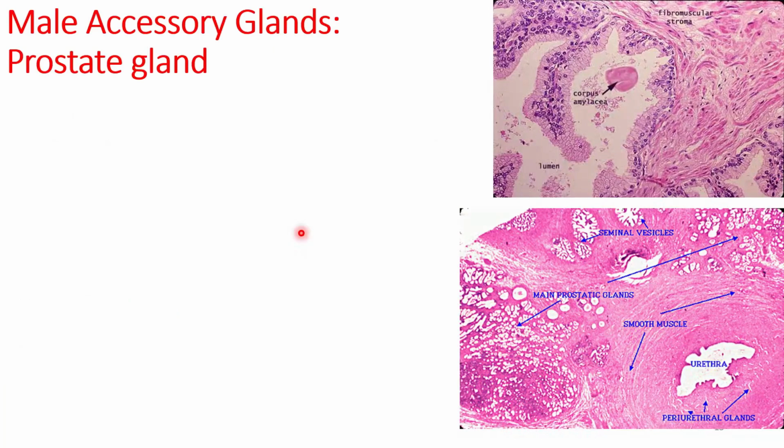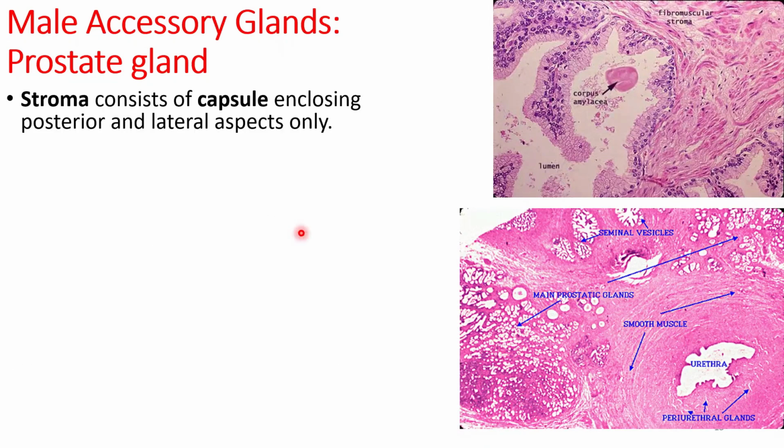Then let's talk about the male accessory glands. There will be 3: the prostate, the seminal glands or seminal vesicles, and then the Cowper's glands. In the prostate gland, you'll have a stroma, and this stroma contains a capsule enclosing the posterior and the lateral aspects only.